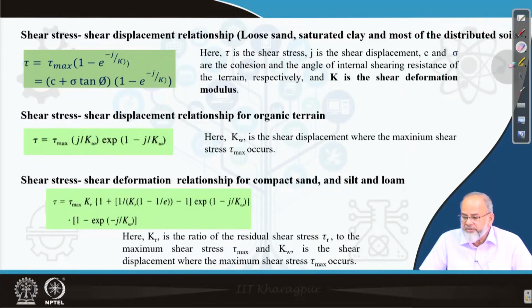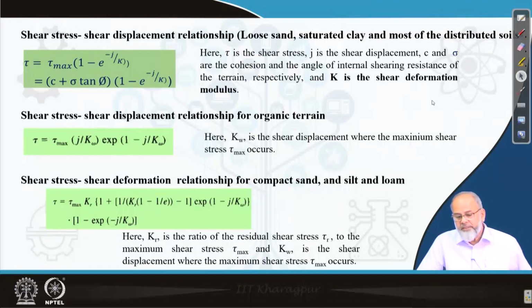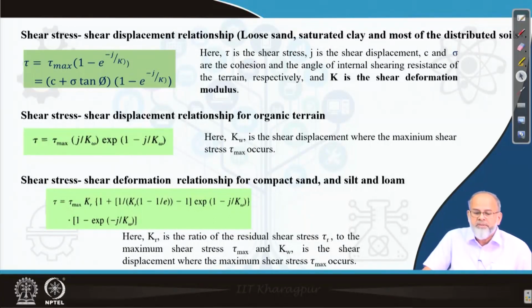Once you know the shear stress, then we will find out what is the shear force acting. Suppose, for example, we take shear displacement in loose sand or in most of the disturbed soil, that is the relationship tau is equal to tau max into 1 minus e to the power minus j upon k.